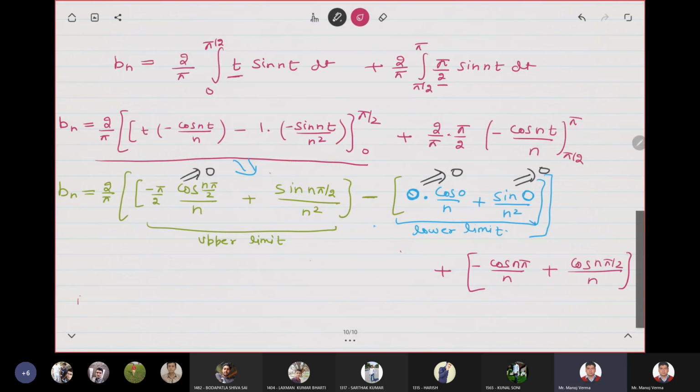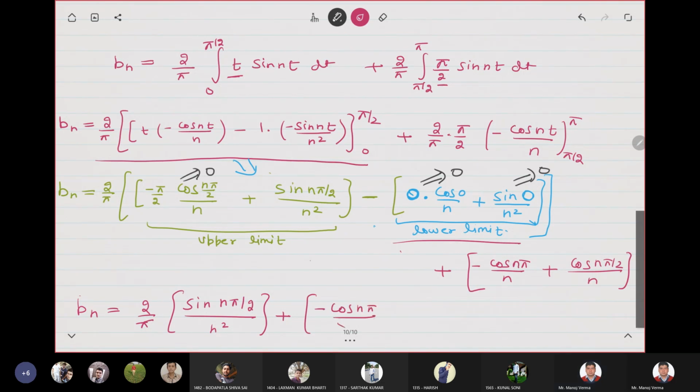So my bn will become 2 over pi, minus pi by 2 sin n pi by 2 divided by n square, and in fact this will be plus, this whole term will go to 0, this will be plus, minus cos n pi by n plus cos n pi by 2 divided by n.